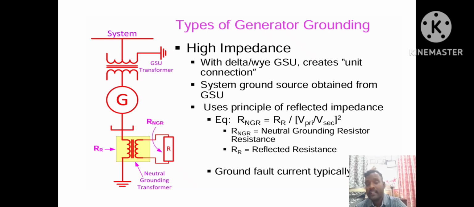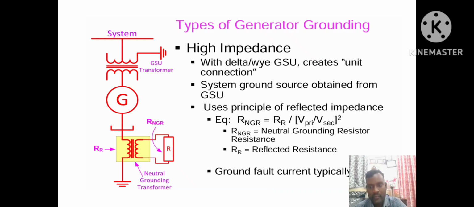It is a delta-YY generator step-up unit connection. We can use the per unit values of the system. Suppose there is a fault analysis, we are not only considering their impedance, but we are converting all the electrical system into a common unit, which is called the per unit impedance. That is our basic calculation process.